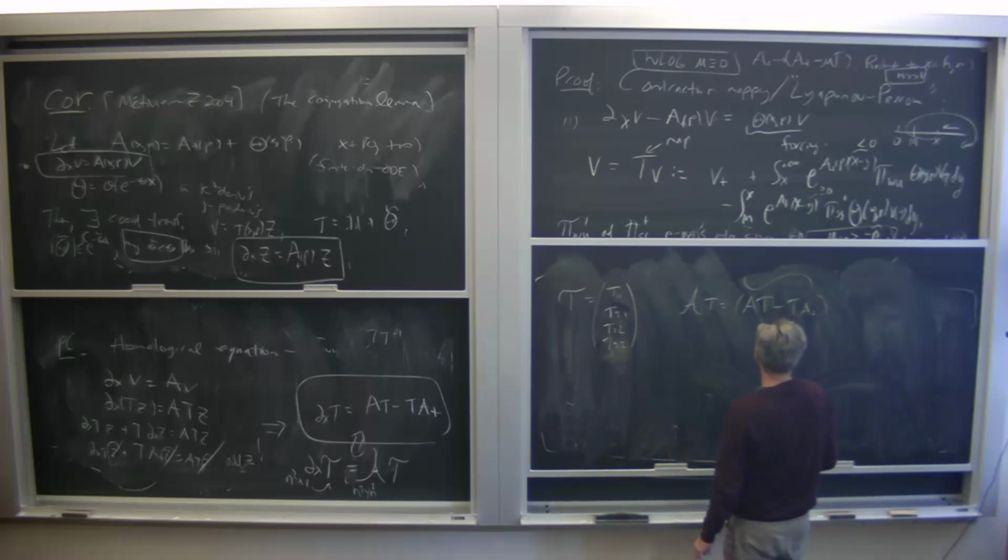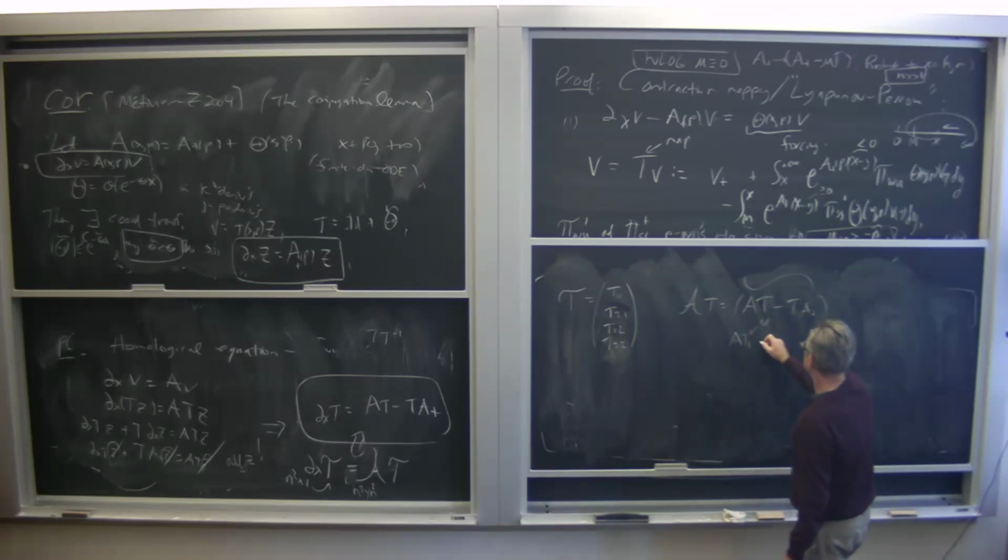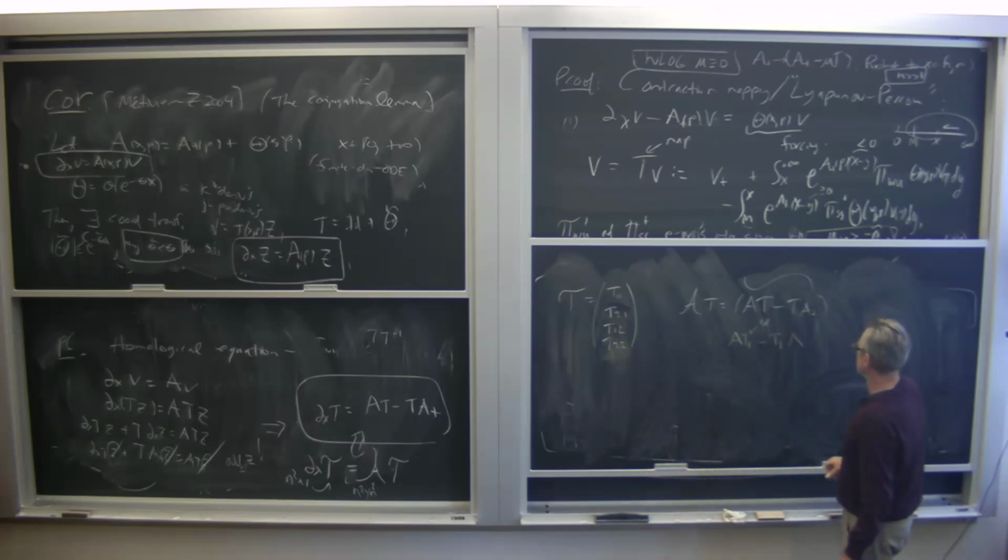Okay, so let's see. Let's just try. What does this look like? This one looks like AT1. That'll be the first column, minus T1. Oh, now I'm already getting, let's see. I'd better write them out.